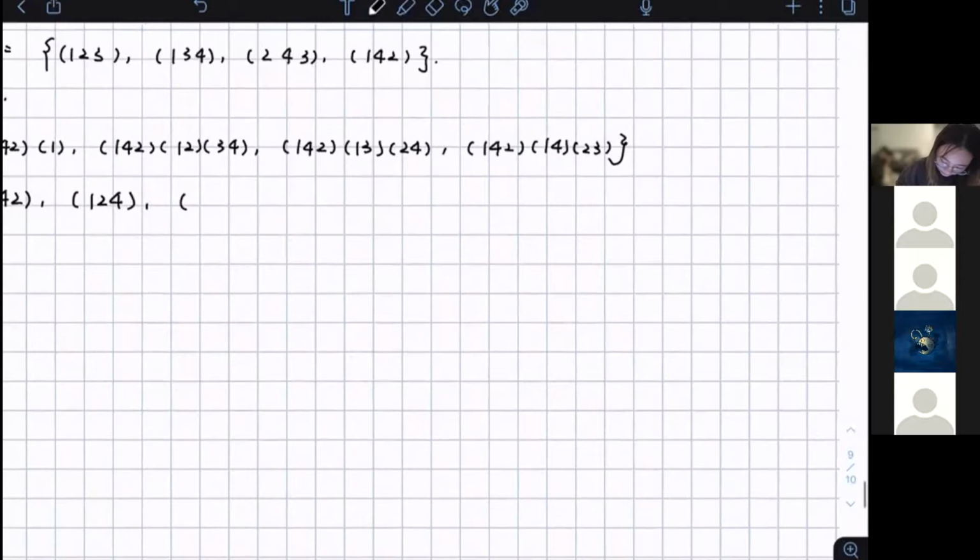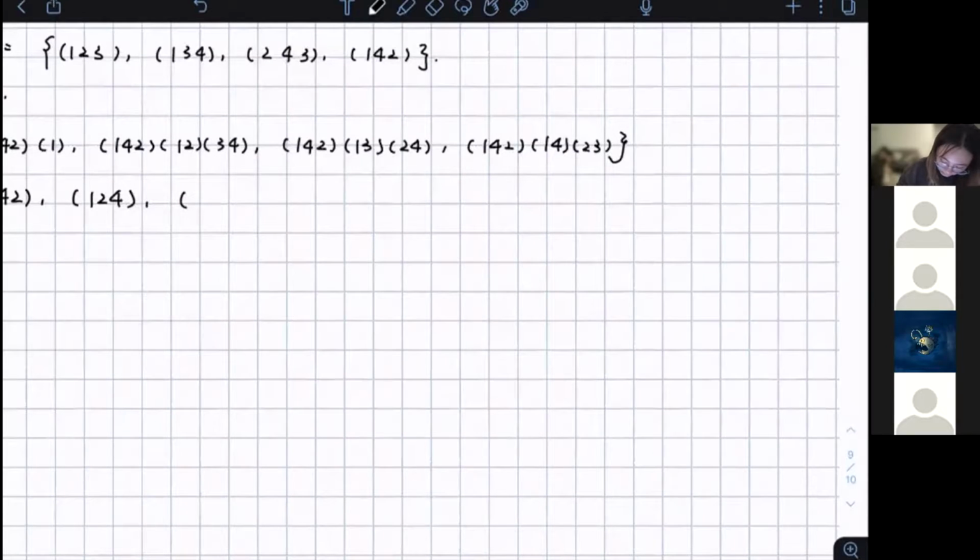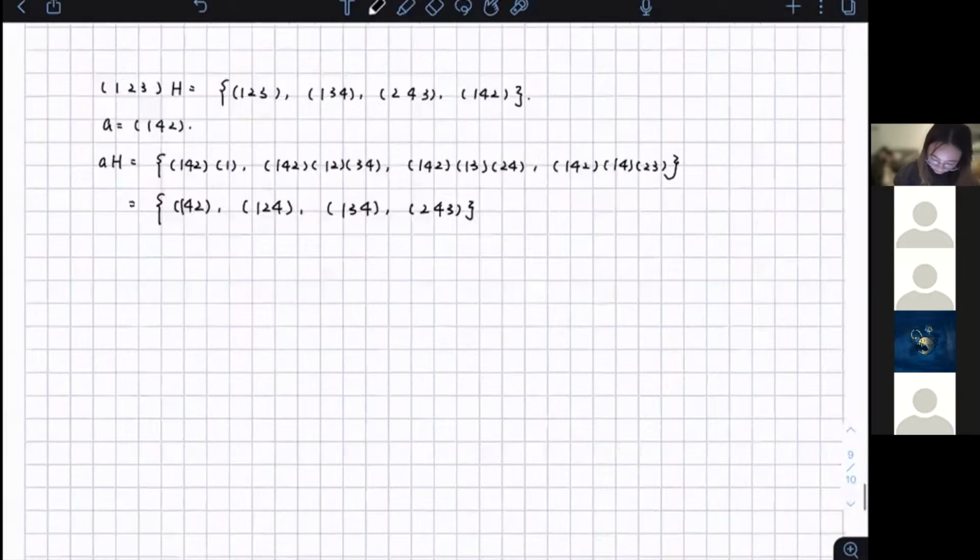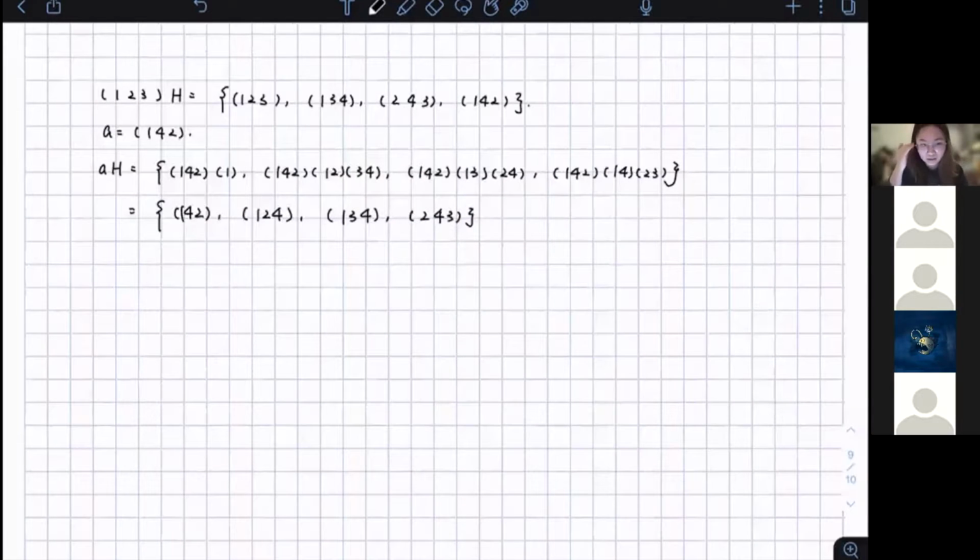And for (1 4 2) and (1 3 2), the result is the same as well. So you can actually see that the two left cosets are the same. So in this case, they are the same left cosets.